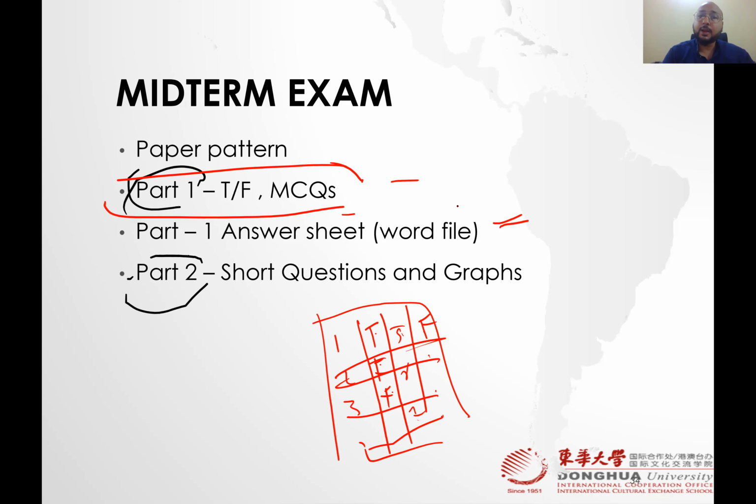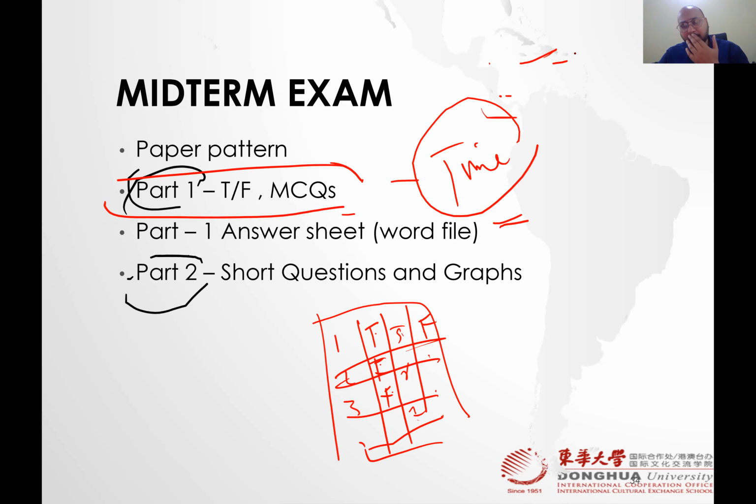So part 1 would be time restricted. For example, I haven't made it yet, but I would be giving you 50 questions: 10 true/false, or 20 true/false, or 30 multiple choice questions. What you have to do, you open that PDF file, you read the true/false, and on the Word file you type the answer.